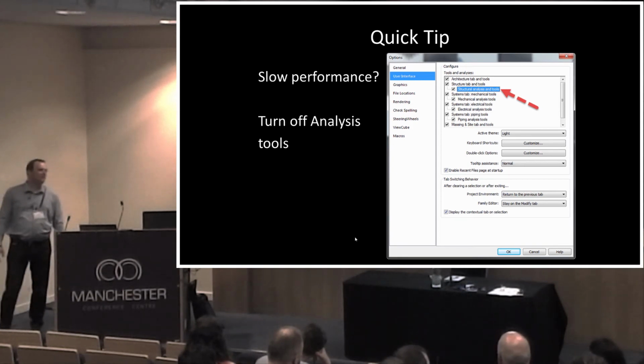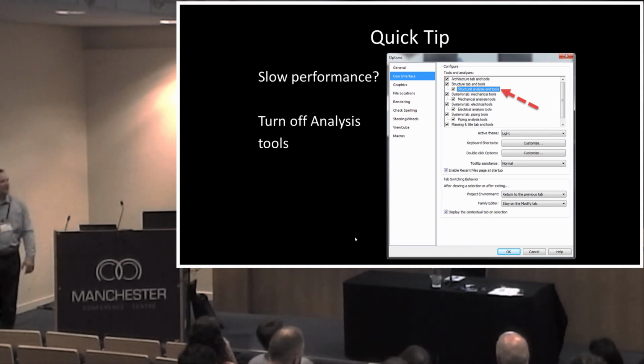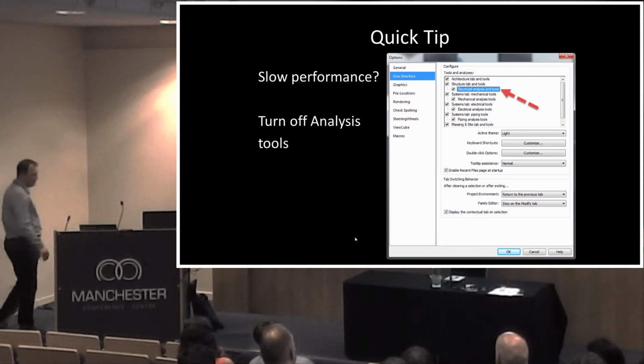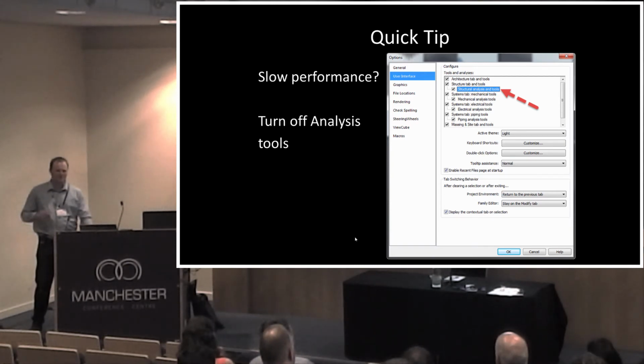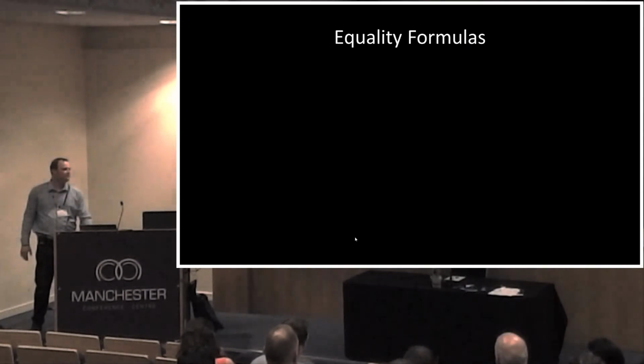They came across the fact that if you turn off the analysis tools in Revit, all of a sudden that performance leaps back up again. There wasn't any rhyme nor reason for it whatsoever. But if you do have mysterious performance issues in Revit, then that's a good tip for you.